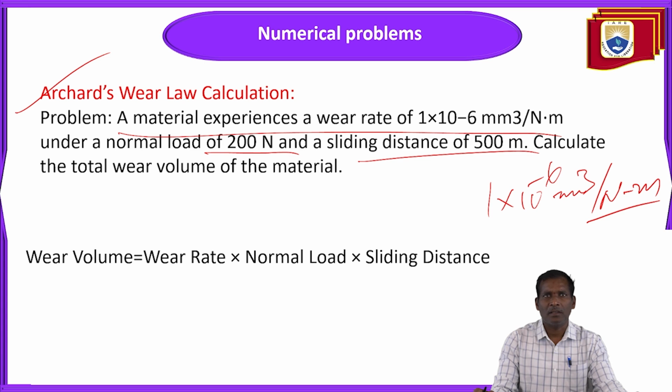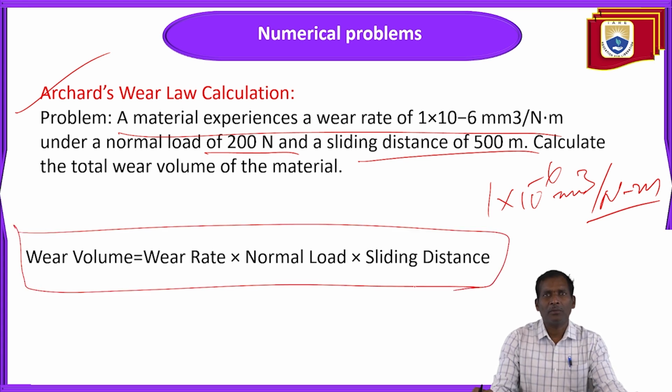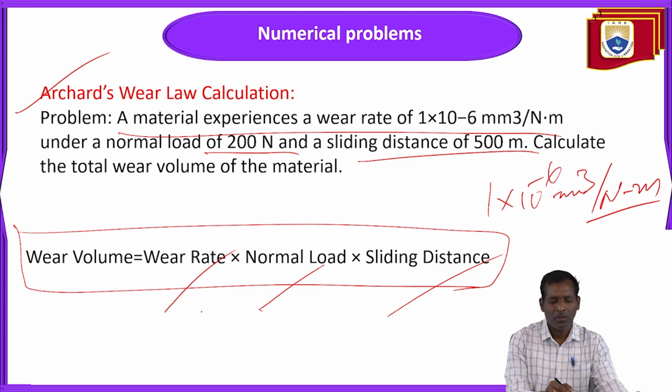So the wear volume is wear rate, normal load and sliding distance. The volume is wear rate multiplied with the normal load multiplied with sliding distance. The wear rate is already given, 1 into 10 to the power minus 6. Substitute in this.